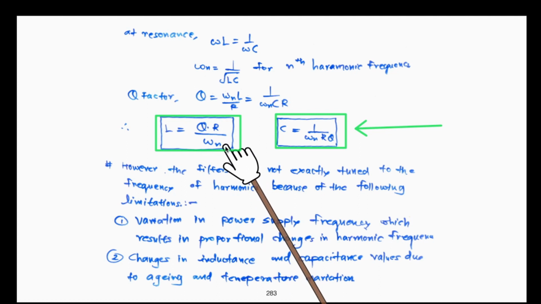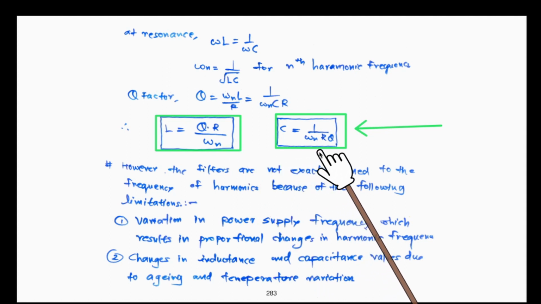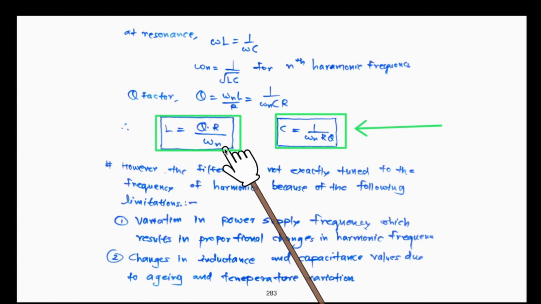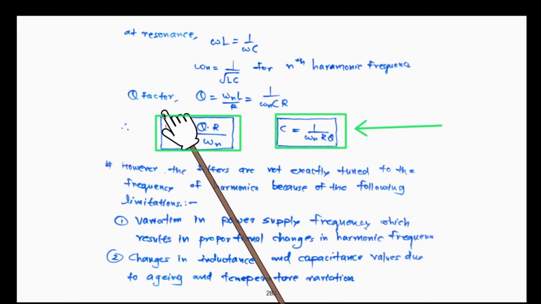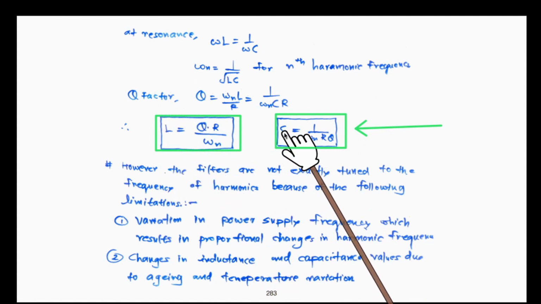For the 11th harmonic, this will be 11 times 50 hertz, provided your supply frequency is exactly constant at 50 hertz. Let us imagine that the supply frequency varies by some 0.2 or 0.1 hertz due to variation in load, or problems on the generator side, some generator swinging. Then the frequency may vary, and accordingly the values of L and C will also vary.